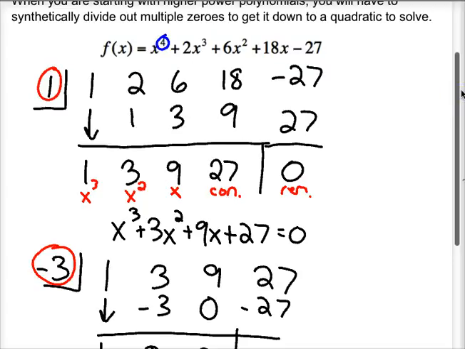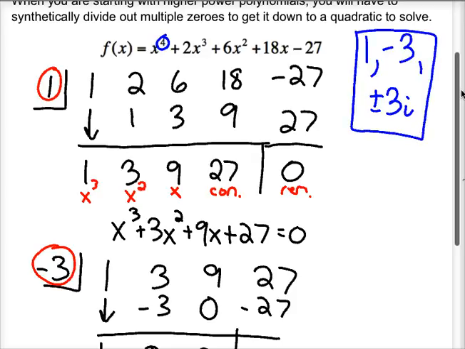I started with a quartic. And what were my solutions? 3 or 1, negative 3, plus or minus 3i. I have 4 solutions, just like the fundamental theorem of algebra guaranteed me to have.